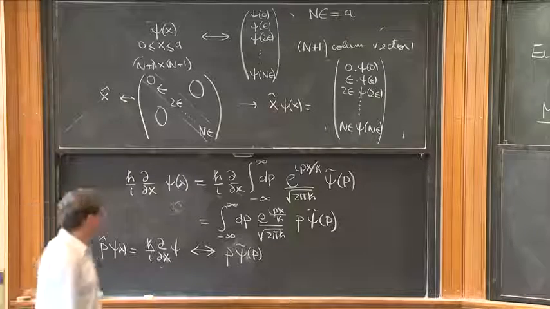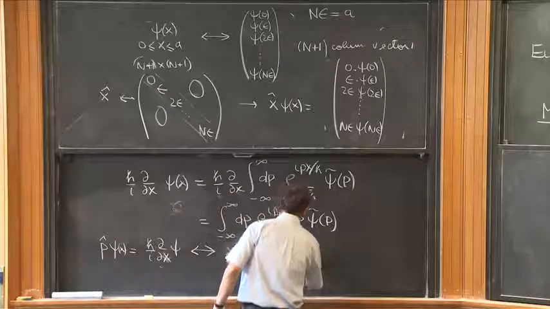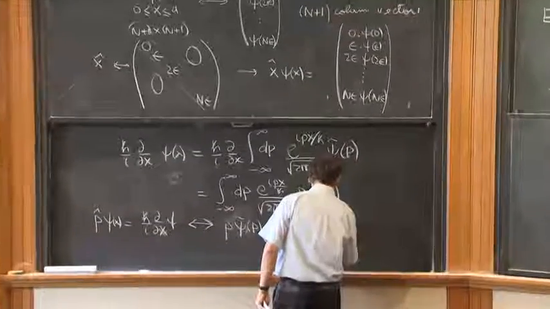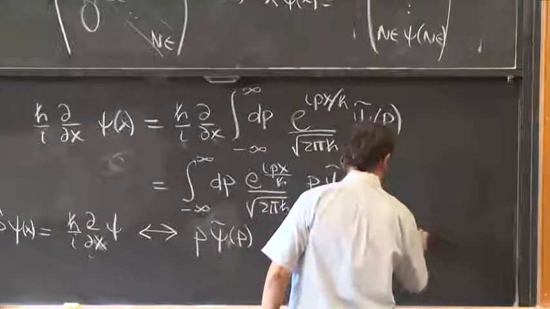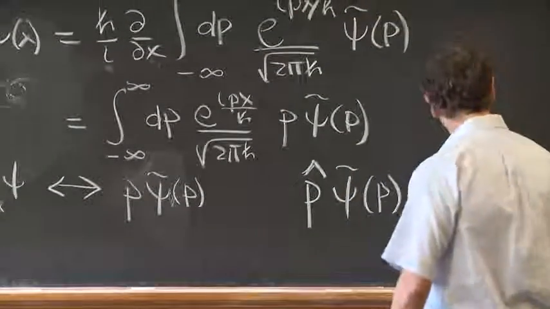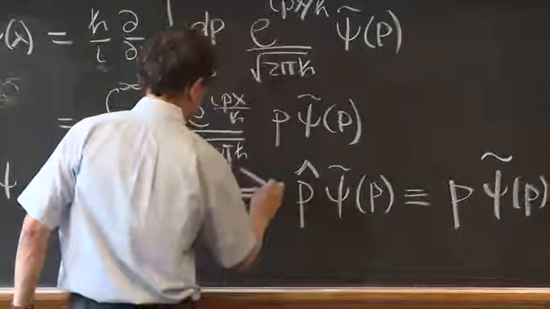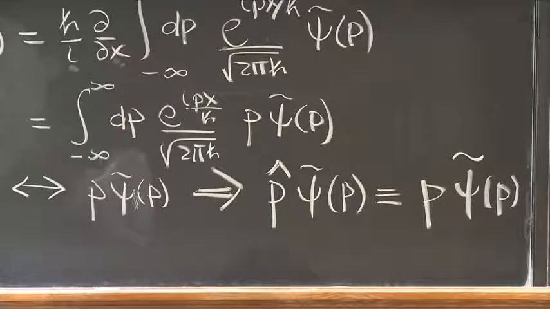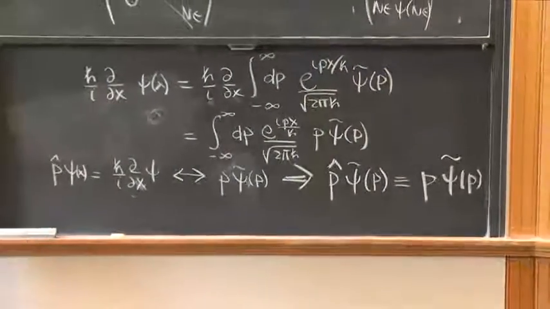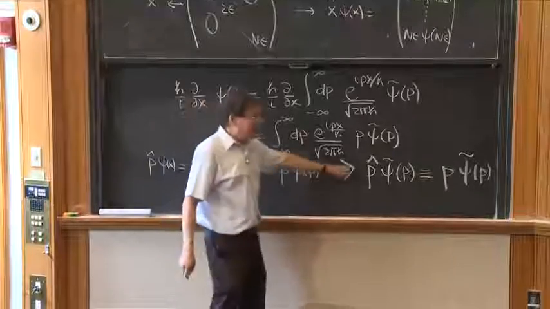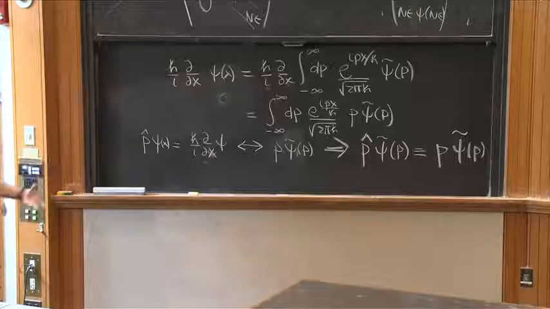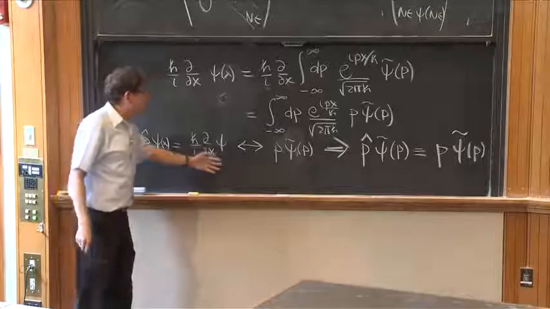Which is to say that we can think of the abstract operator p hat acting on psi tilde of p as just p psi tilde of p. So in momentum space, the operator p hat acts in a very easy way. In coordinate space, it takes derivatives.